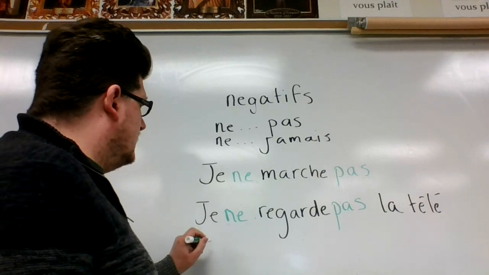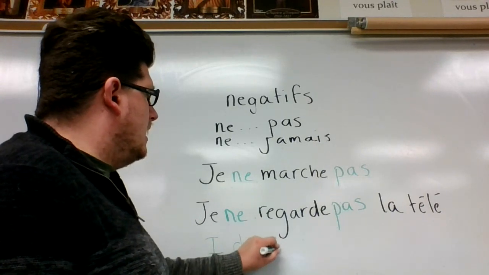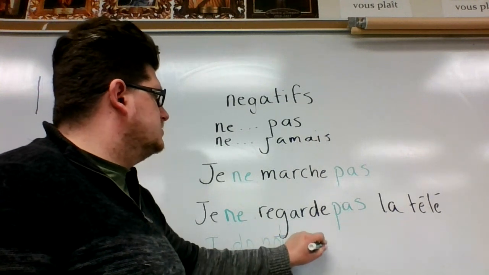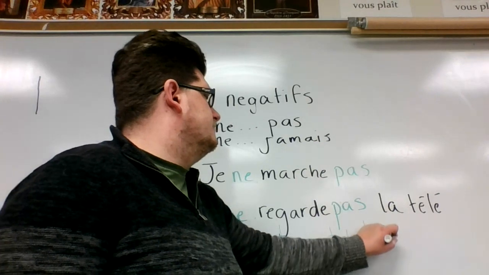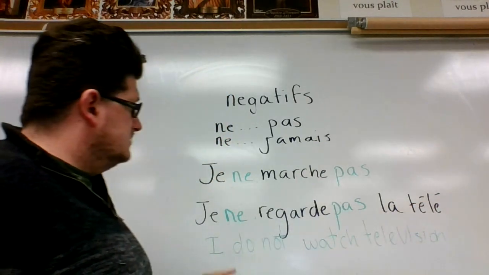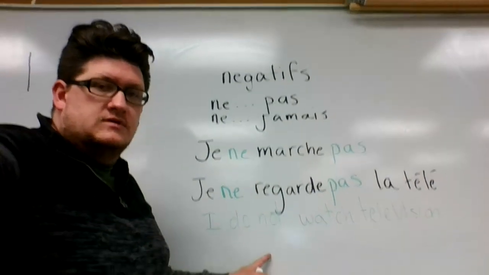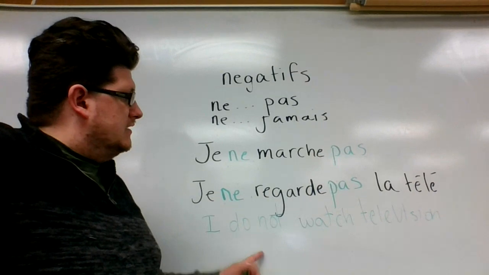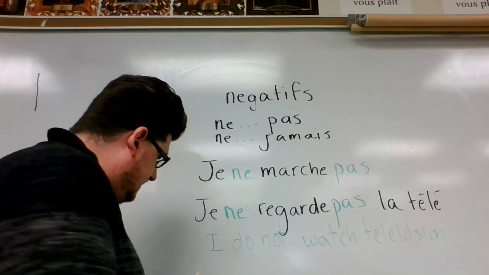So in English, we would say I do not watch television. Comme ça. Voilà. So again, here it comes before the verb in English. So it's a little hard to see, but no, green marker is a little hard to see, but in French it surrounds it. All right.